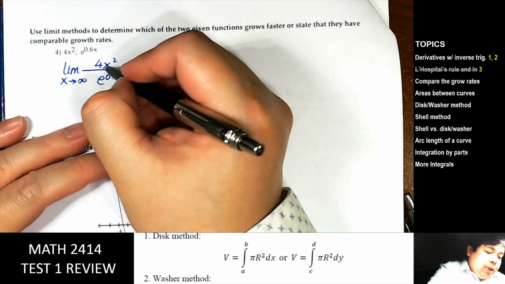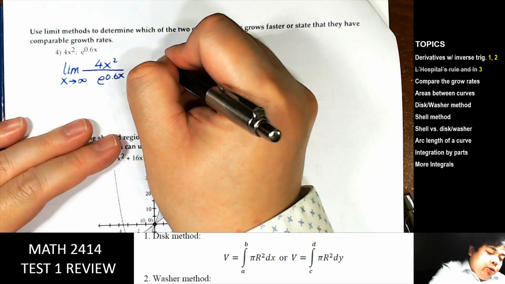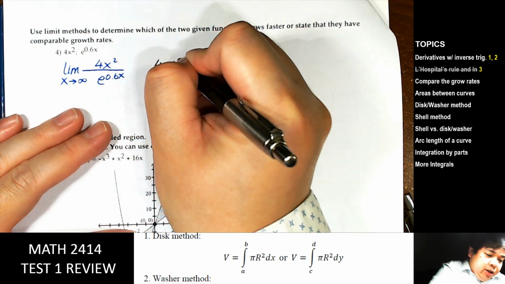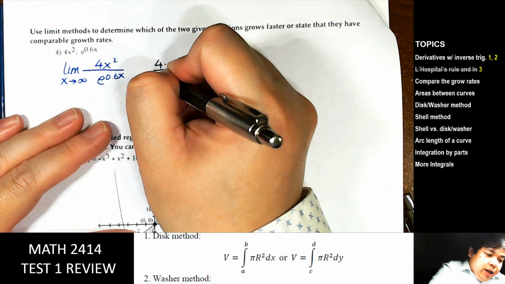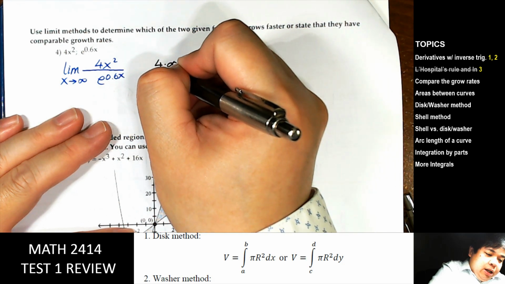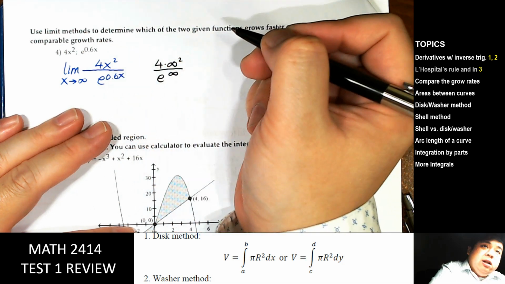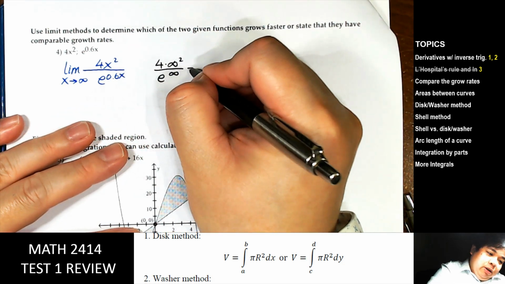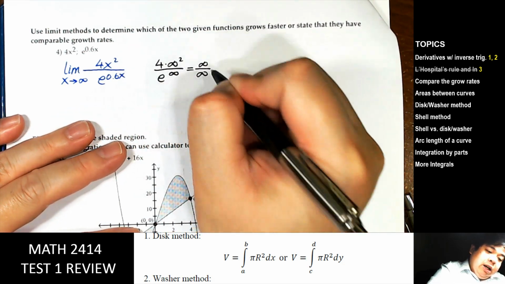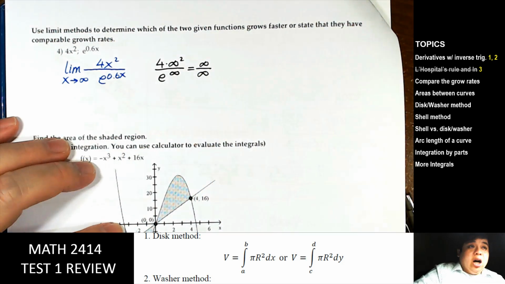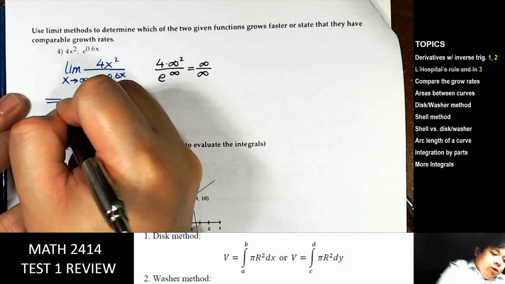If we put infinity in, we have 4 times infinity squared over e to the infinity power. So of course that will be infinity over infinity. Indeterminate allows us to use L'Hospital's rule.